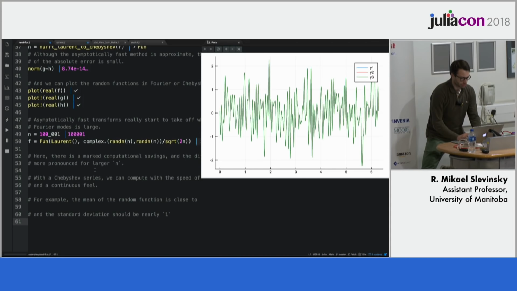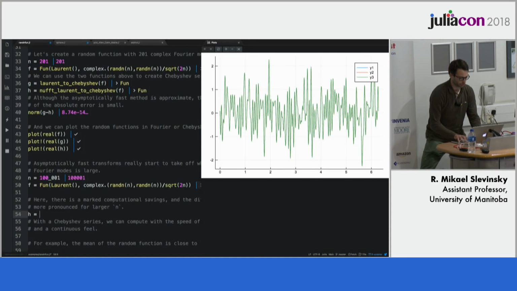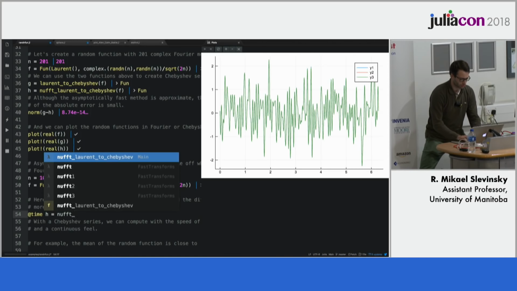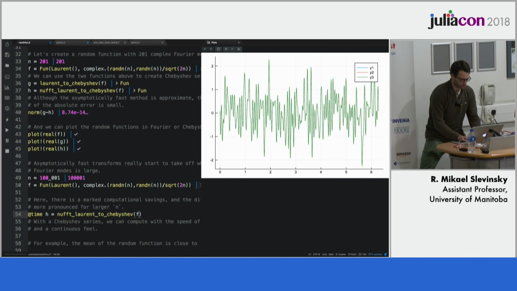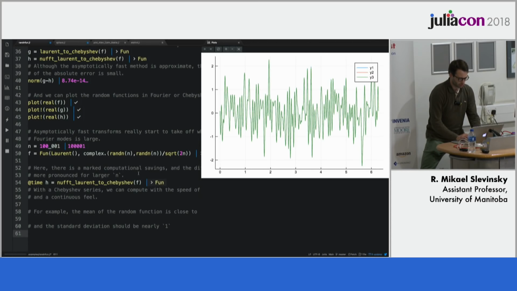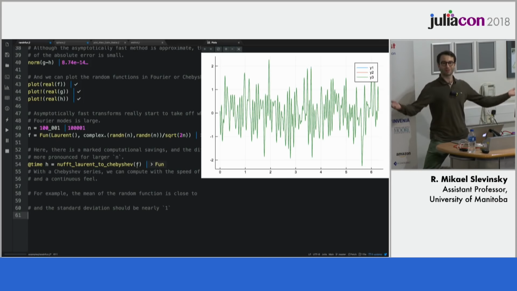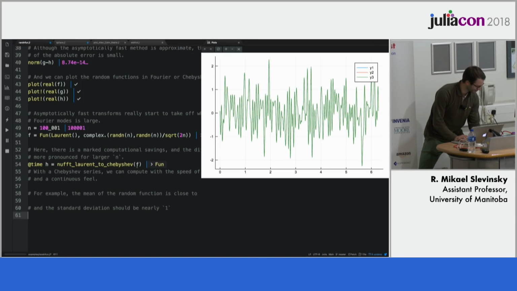If we did the Laurent to Chebyshev, it would take too long, so we're just going to use the NUFFT version. And if we call it on f, it was pretty quick, wasn't it?